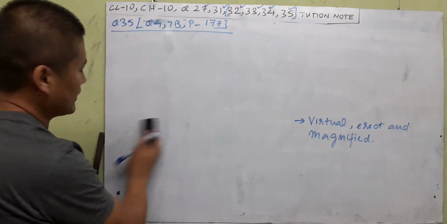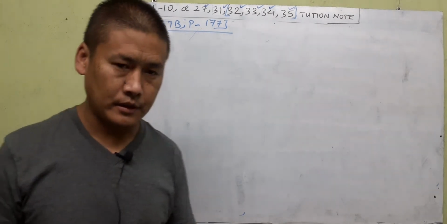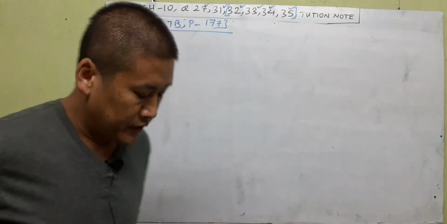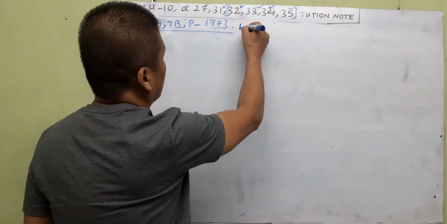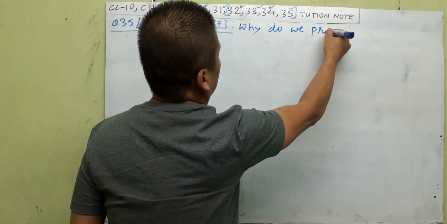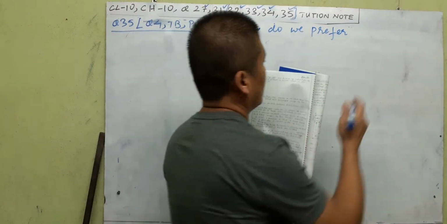Let's see what the question is here and try to understand. Because once you understand, it becomes so easy to manage it yourself. So let's just write the actual question.